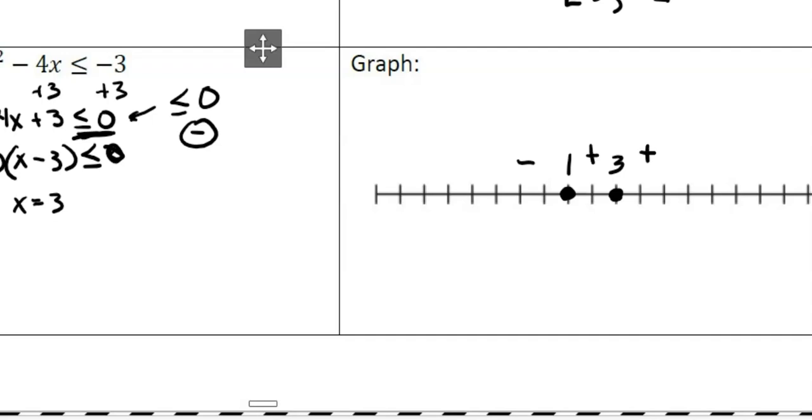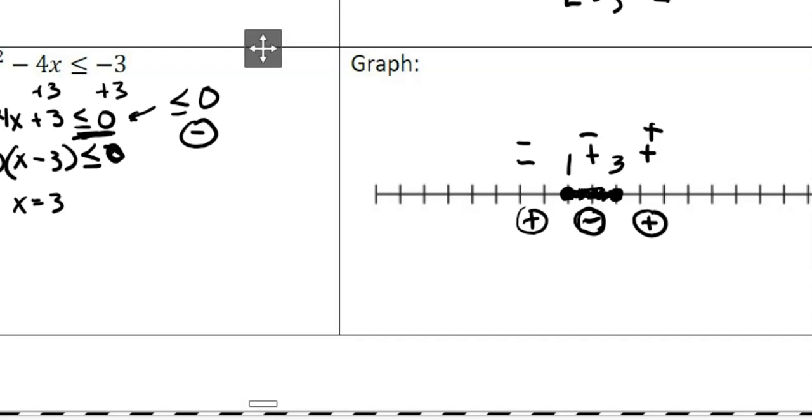And then if 3 is our central number, to the left of it would be negative, negative, negative, and then positive to the right. So then a negative times a negative is positive, and a positive times a negative is negative, and a positive times a positive is positive. And because we want it to be negative, this is where it's negative, in between 1 and 3. So we shade that in there.